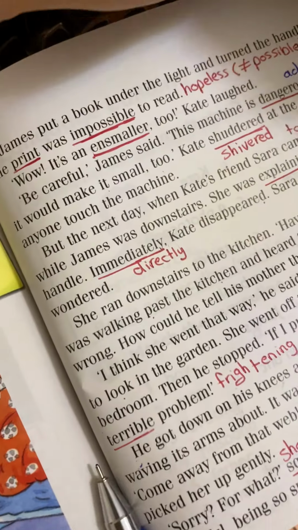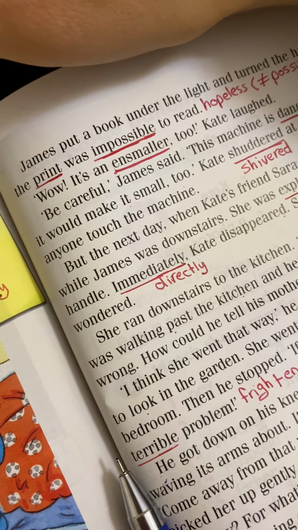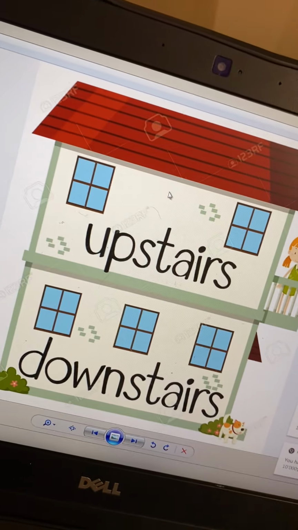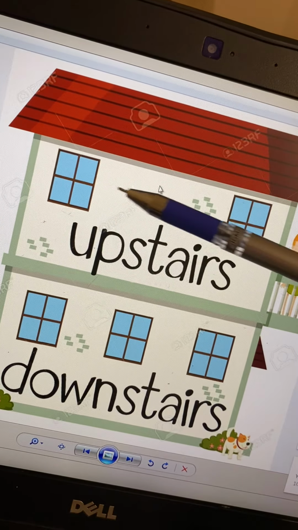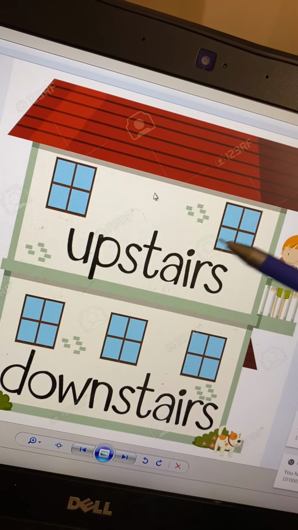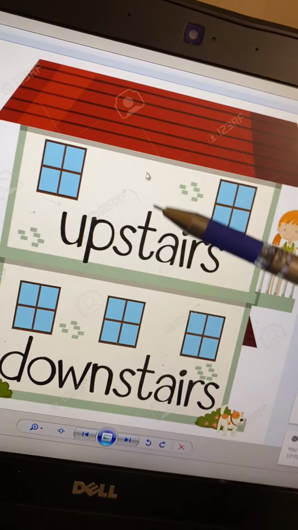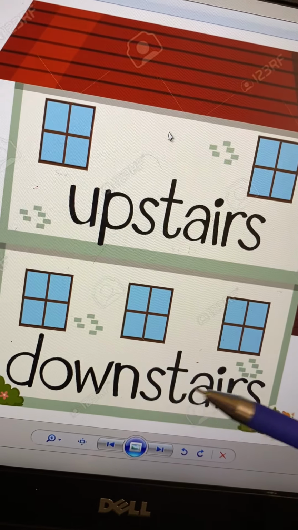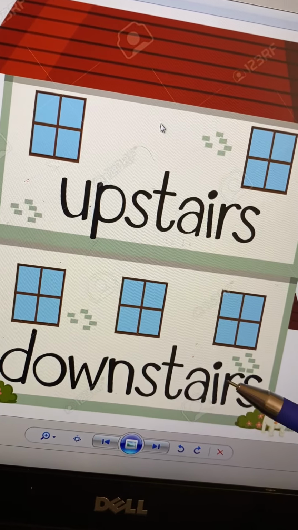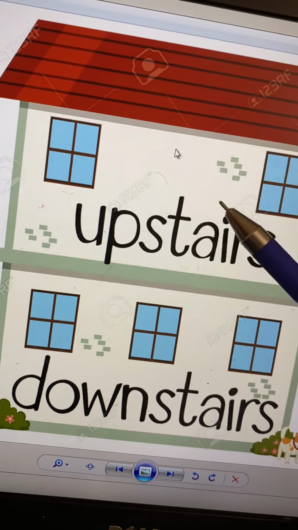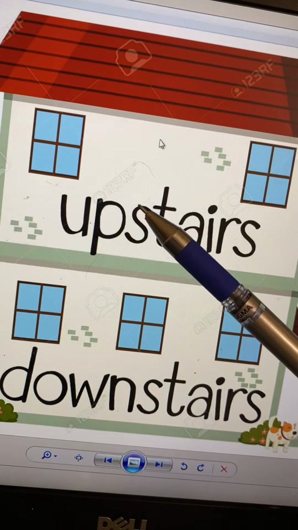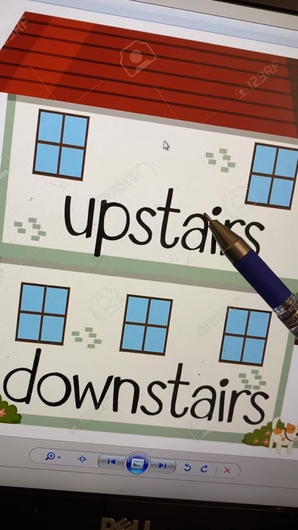So, look at this picture. What is the meaning of downstairs? This house has the upstairs. These rooms are in the upstairs, okay? And these rooms are in the downstairs. Okay, James's bedroom is upstairs, okay?